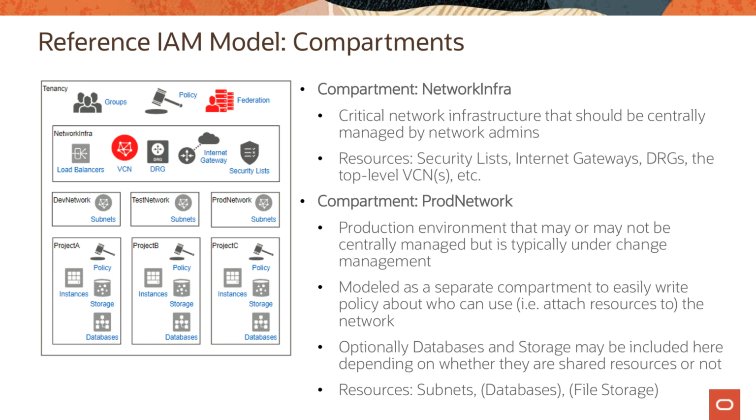Let us put all of this together in an example compartment design for an enterprise customer. Like we were discussing in the example I showed you in the console, I created two projects called Project One, Project Two, and we created network admins, DB admins.